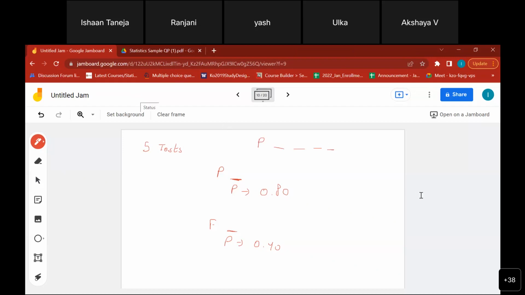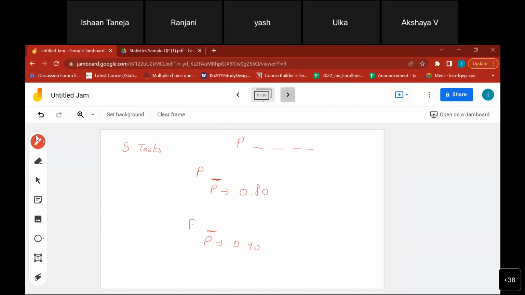If the student gets pass marks in exactly 4 weeks, what is the probability that the student failed in the 4th week? So in how many ways can you pass exactly 4 weeks? It is given that we have passed the first week, right?